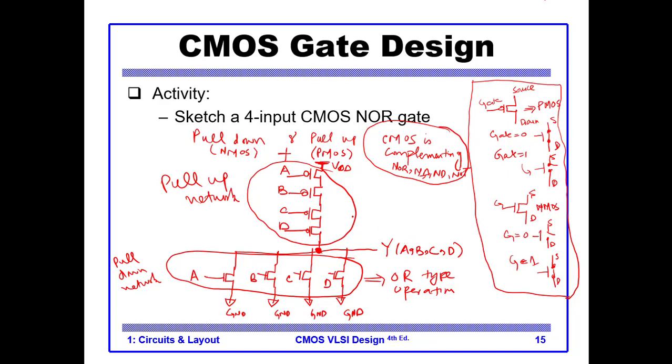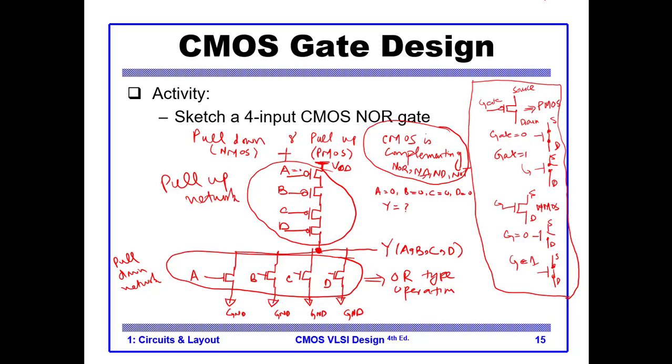So how can you confirm that this is a NOR gate? You can apply the inputs, all the inputs A, B, C, and you can check the result. For example, let's say that if A is 0, B is 0, C is 0, and D is 0, what is the value of Y? We can check.